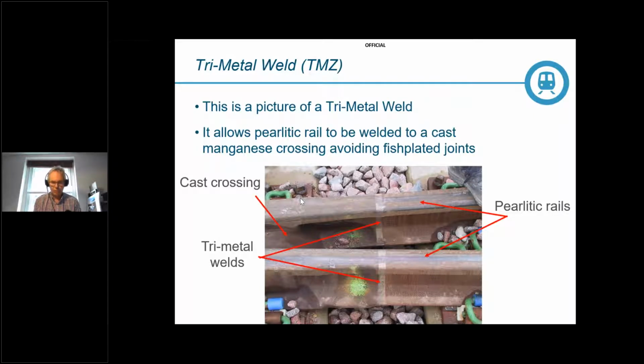This is then trimmed off, and the pearlitic steel leg extension is then flashbutt welded onto the stainless steel, and the resulting stainless steel insert is between 15 and 35 millimeters thick, typically around 20. Its key benefit is that it avoids the use of fish-plated joints, and the inherent maintenance issues and risks that they pose. So let's explore the report and see what went wrong.